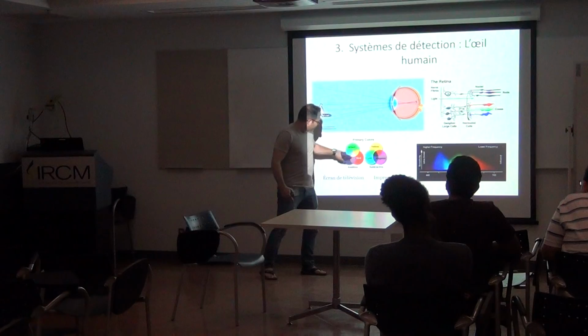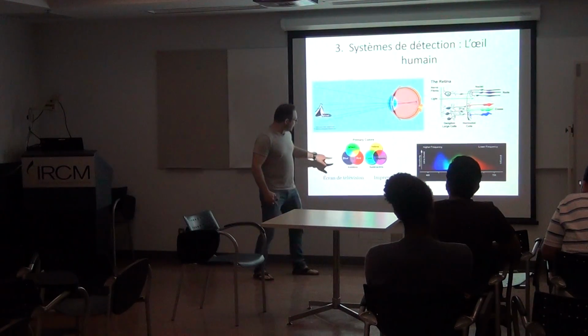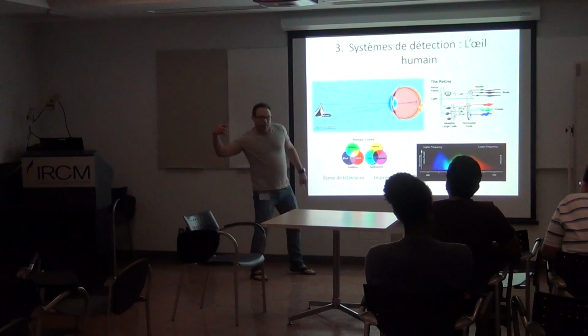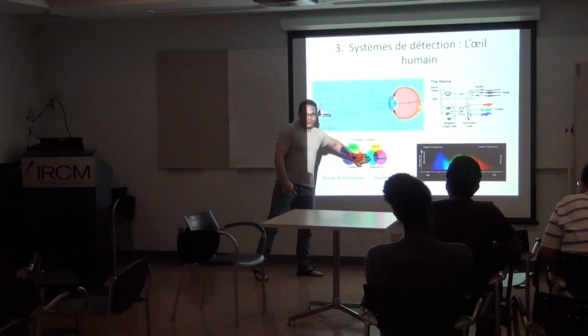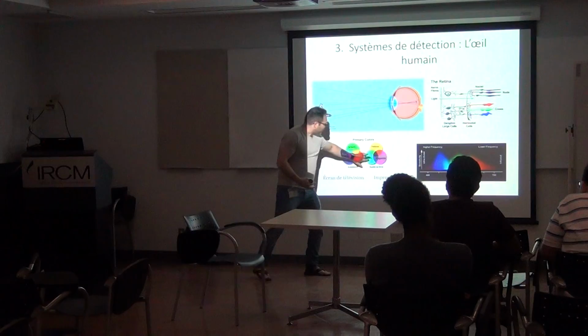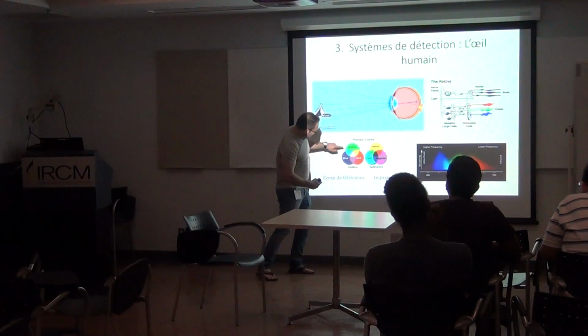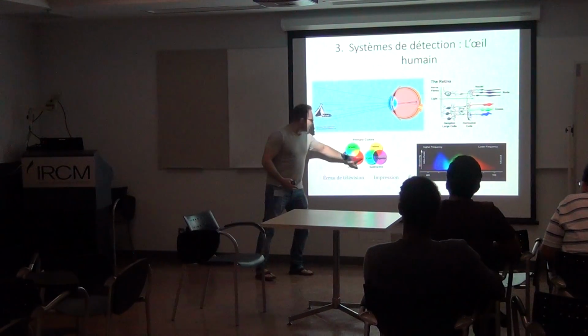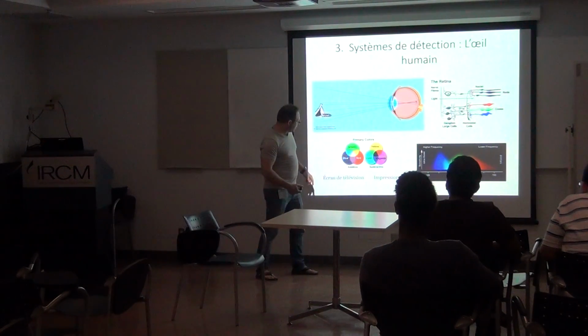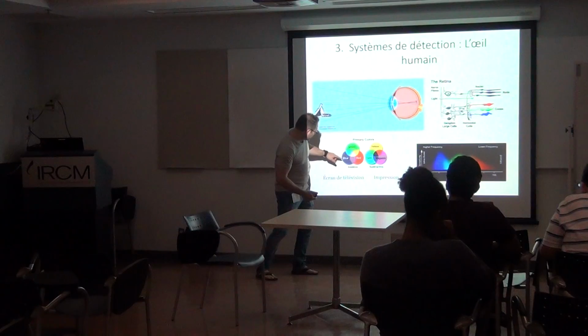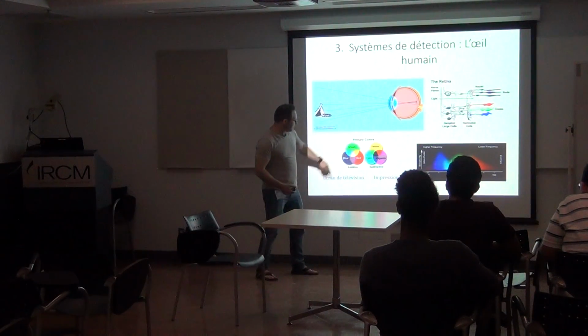Cyan absorbs red. So if you shoot white light over something which looks cyan, it shoots back green and blue because it absorbs red. Magenta absorbs green.